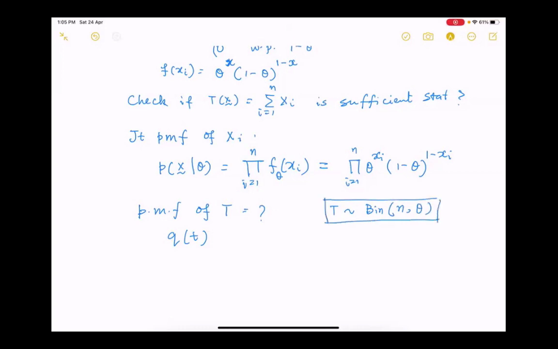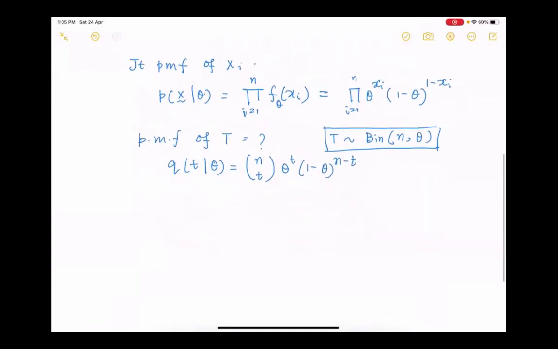You can show it. So Q of t given theta is basically n choose t, theta to the power t, 1 minus theta to the power n minus t.